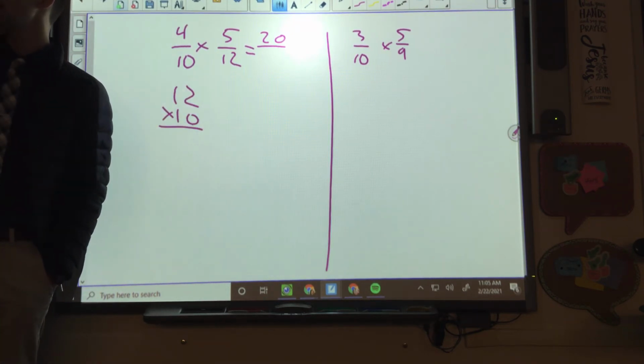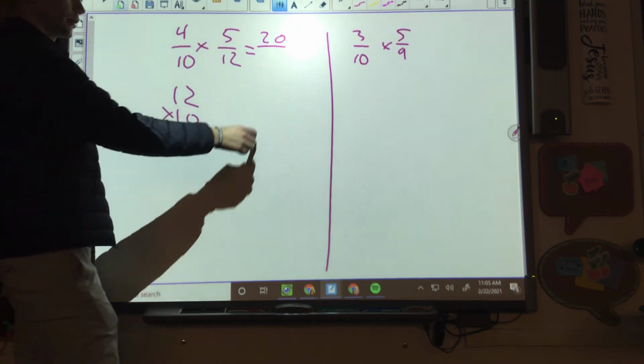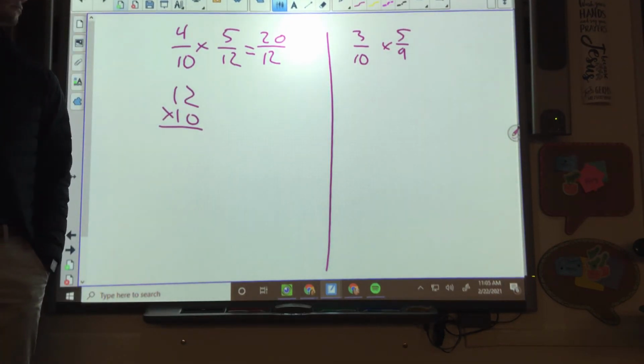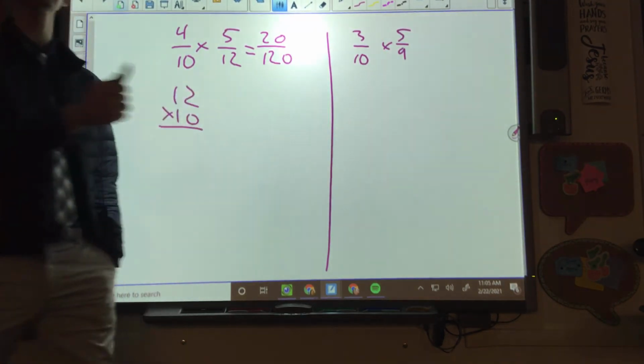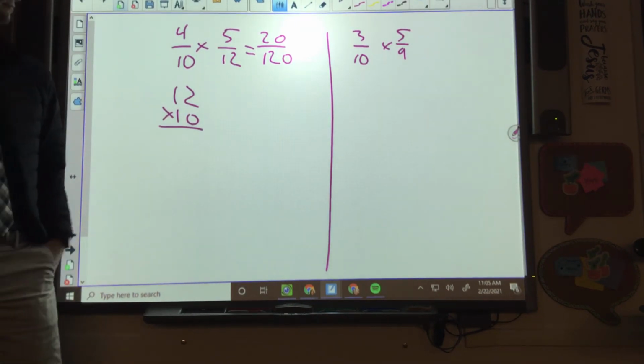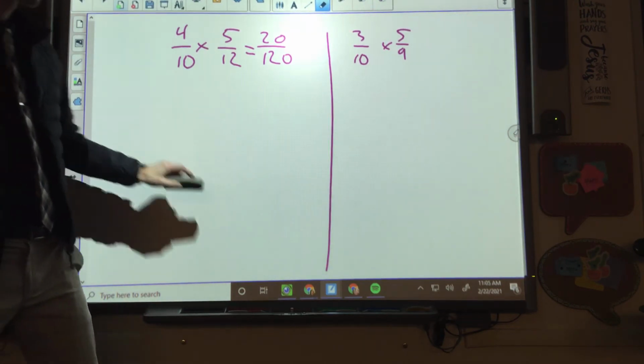Any number times 10, you just take the number and you put what after it? 0. 120. Where are you getting the 4 from? Usually 12 plus 12 is 24. Oh, yeah. We're doing 12 times 10 though.